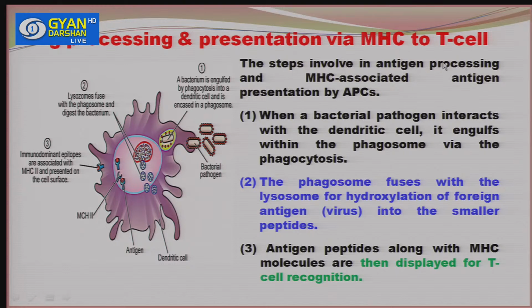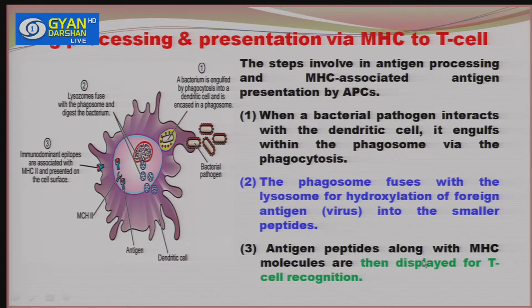There are three steps involved in antigen processing and presentation. First, when a bacterial pathogen interacts with the dendritic cell, it is engulfed into a phagosome via phagocytosis, and the phagosome fuses with lysosomes, breaking down the foreign antigens into smaller peptides.